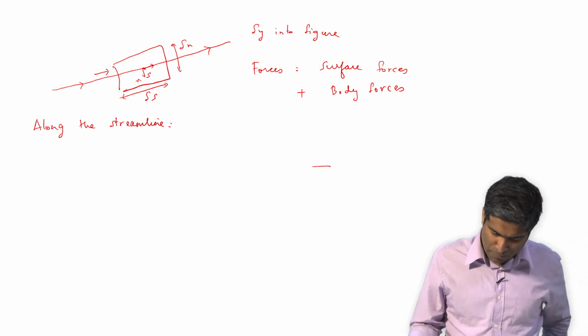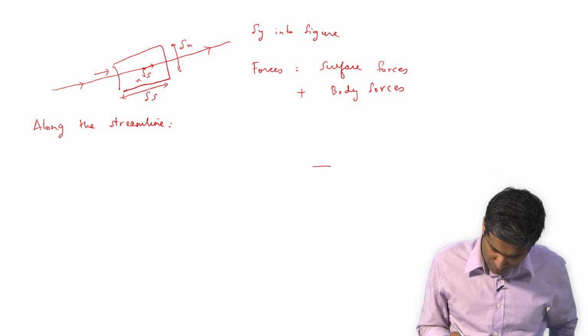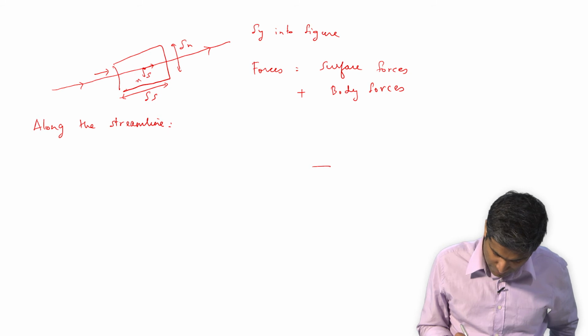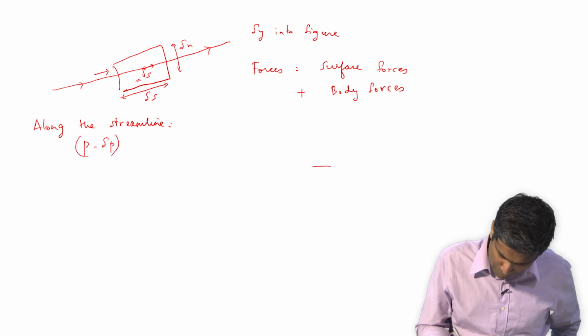If I do a force balance going from left to right, on the left hand side of the element I have a force given by P minus delta P, where P is the pressure at the center line, and we assume that we have P plus delta P on the right hand side and P minus delta P on the left.